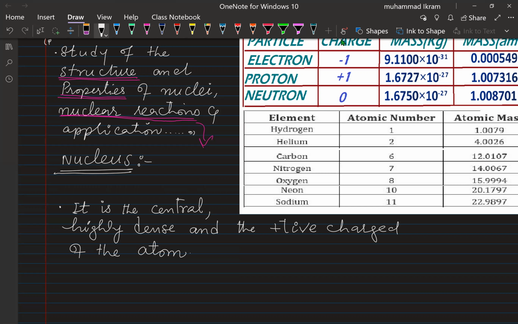And it was discovered by Rutherford. You already know about its discovery.